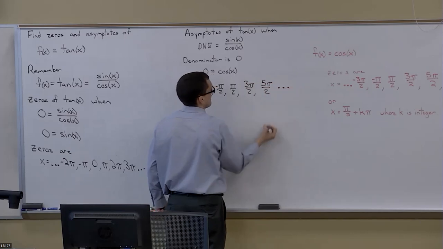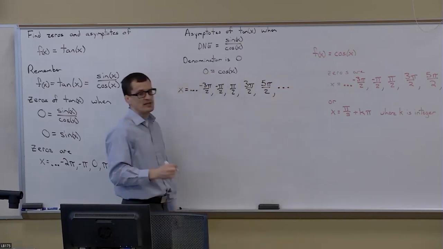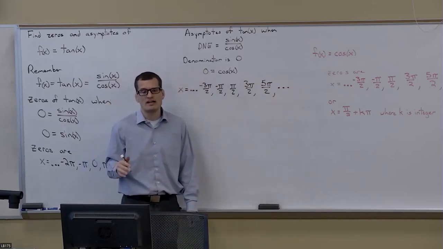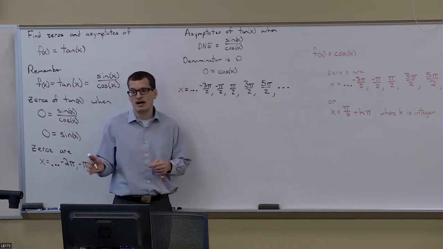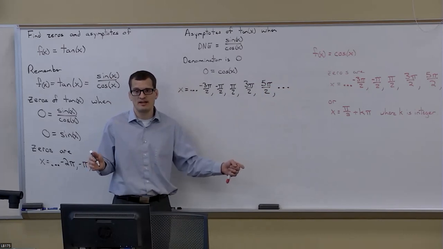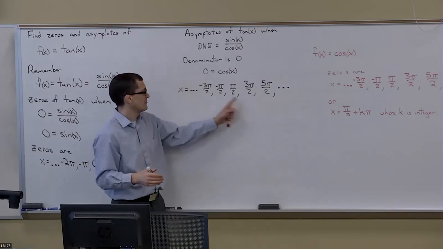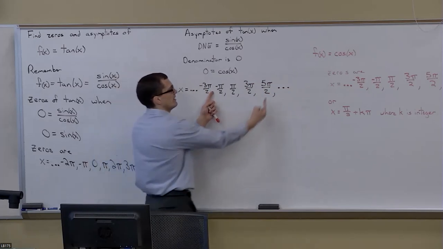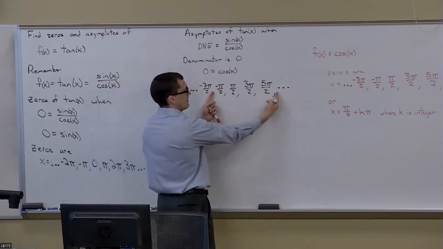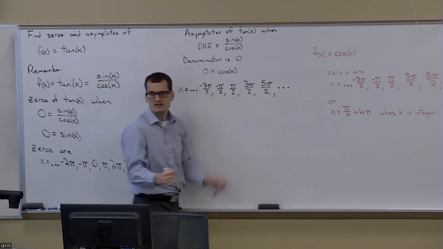And again, the reason I like writing them this way is because sometimes the book will ask you where are all the asymptotes between negative pi and 3 pi. And then you say, well, negative pi, that's between here and here. And then 3 pi is right here. So it's these 4.